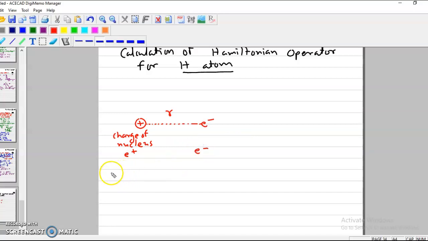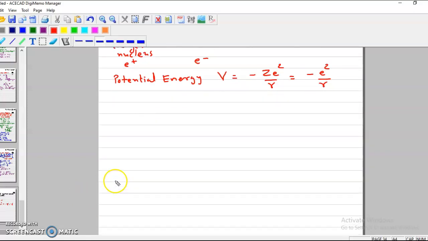Okay, so for hydrogen atom, potential energy V is equal to minus Z square upon R. As Z is equal to 1 for hydrogen, we write minus e square upon R. Okay, and therefore Hamiltonian operator, as there is only one electron, there will be only one Laplacian operator for this.